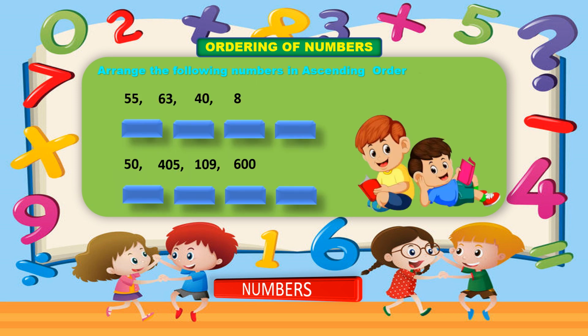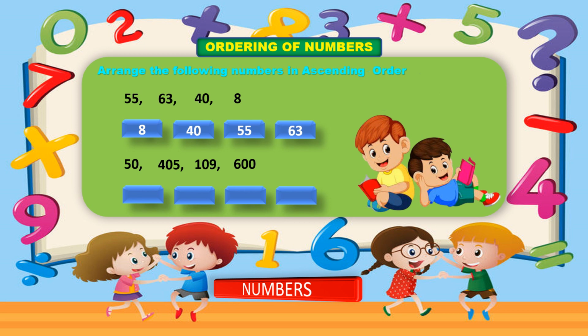Arrange the following numbers in ascending order. Ascending order means arrange the numbers from smaller to greater. The current order would be 55, 63, 40 and 8. The ascending order is 8, 40, 55 and 63.